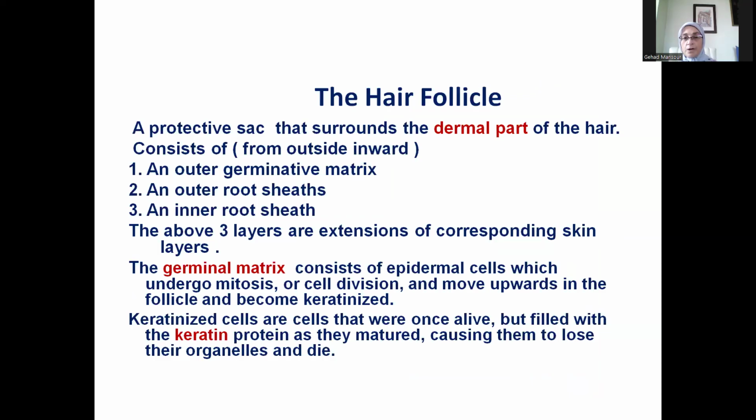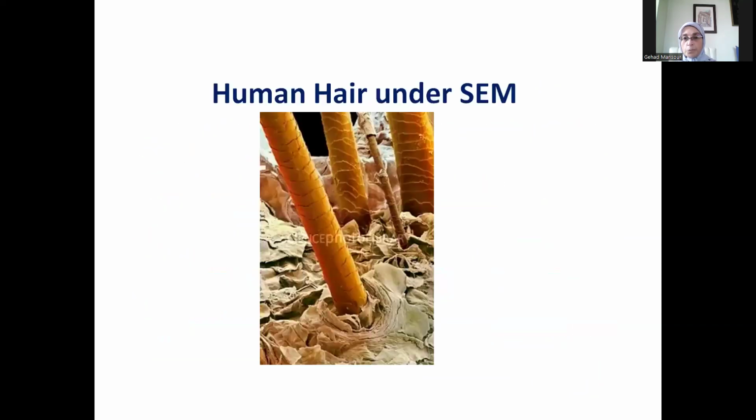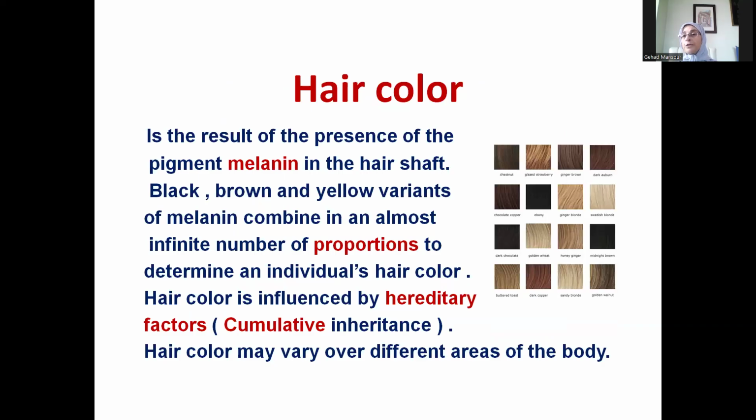Concerning the hair color, of course, it's important to know that we have different shades of colors, and that the inheritance of hair color is a cumulative type of inheritance, meaning that the more you have of the dominant alleles that give you the black color, or the dark brown color, the darker your hair is, and vice versa.